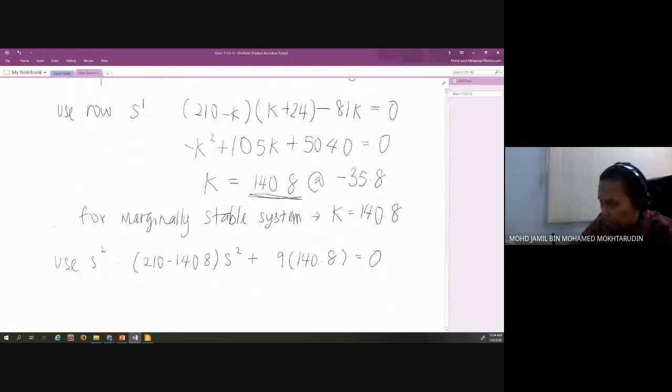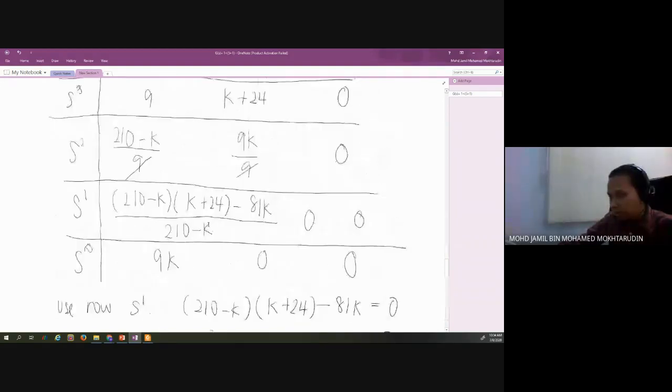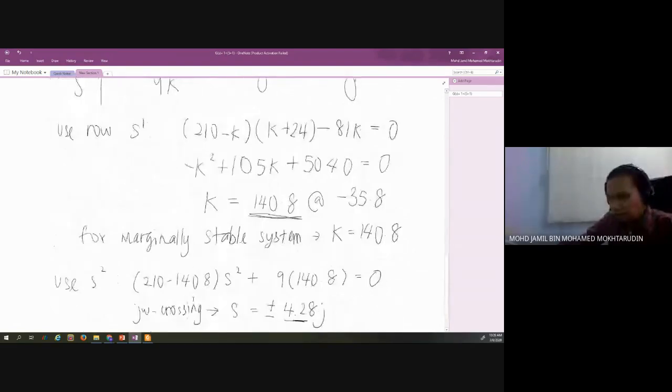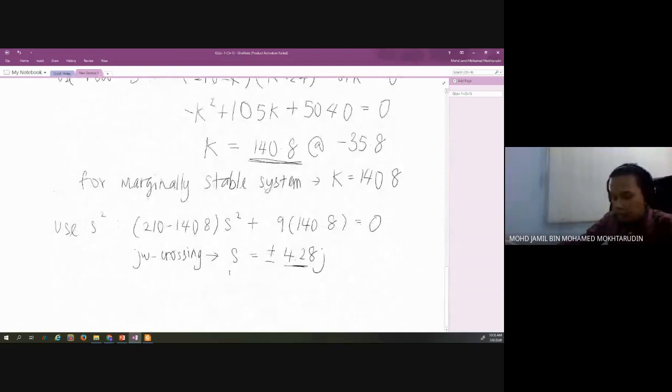Simplify, then you will get s equals plus minus 4.28 j. Okay, so this is the JW axis crossing. So you can maybe put a remark here. JW crossing. So for JW crossing, you use row S1 to determine K, and then use the value of K on row S2 to determine the JW axis crossing.